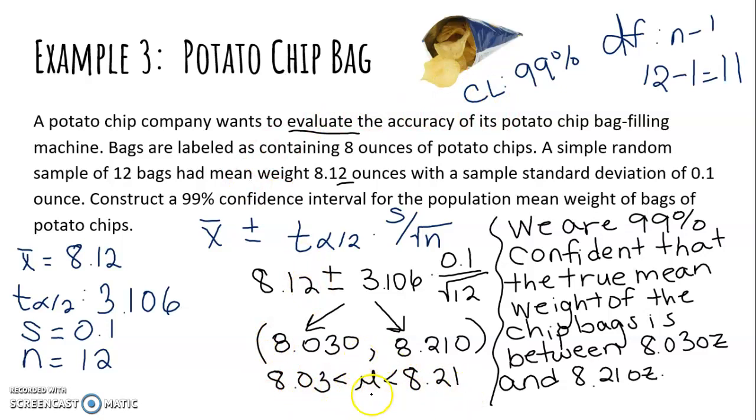This is saying, we don't know the exact mean of the chip bags, but we can tell you that the mean is anywhere between 8.03 to 8.21, which means the fill weight of the chip bags is actually more than 8 ounces, because the lowest the mean could be is 8.03. So the mean fill weight that it's actually filling is over 8 ounces. So they are overfilling the bags. That's what that means.